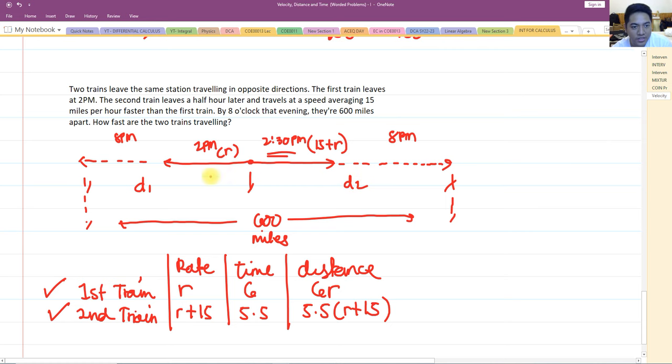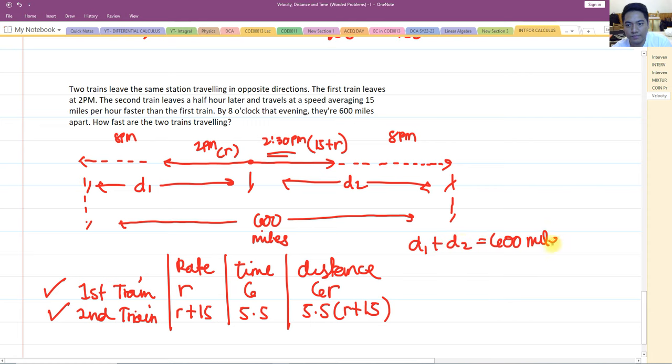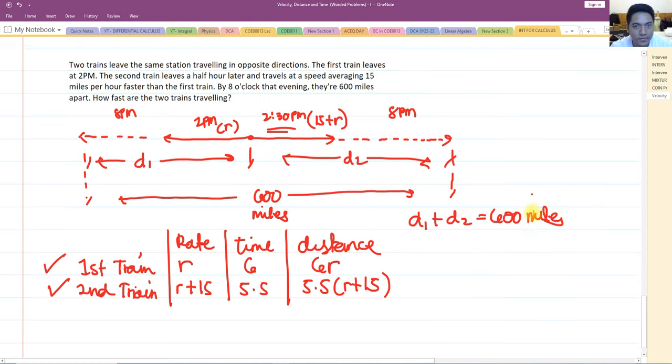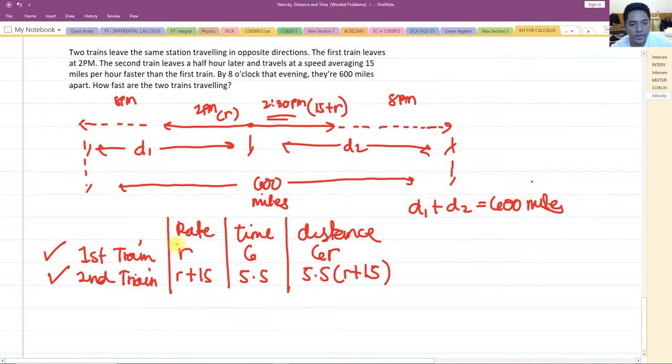If we add these two, distance 1 and distance 2, we'll get 600 miles. So that's D1 plus D2 equals 600 miles.